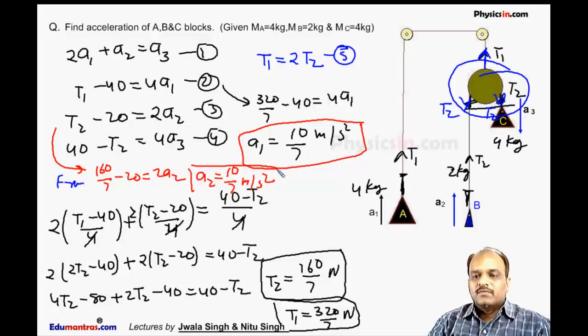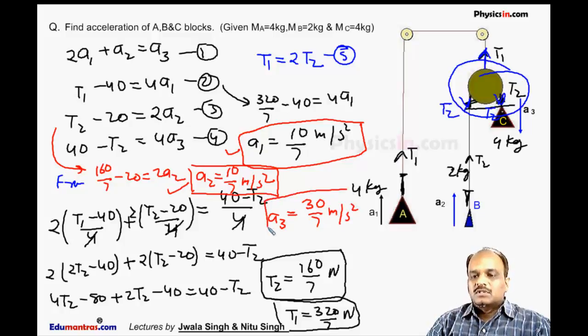This is the value of A2. If I know the value of A1 and A2, I will get the value of A3, and A3 comes out to be 2 times A1 plus A2, 20 by 7 plus 10 by 7, that is 30 by 7 meter per second square. So this is the value of A1, A2 and A3.